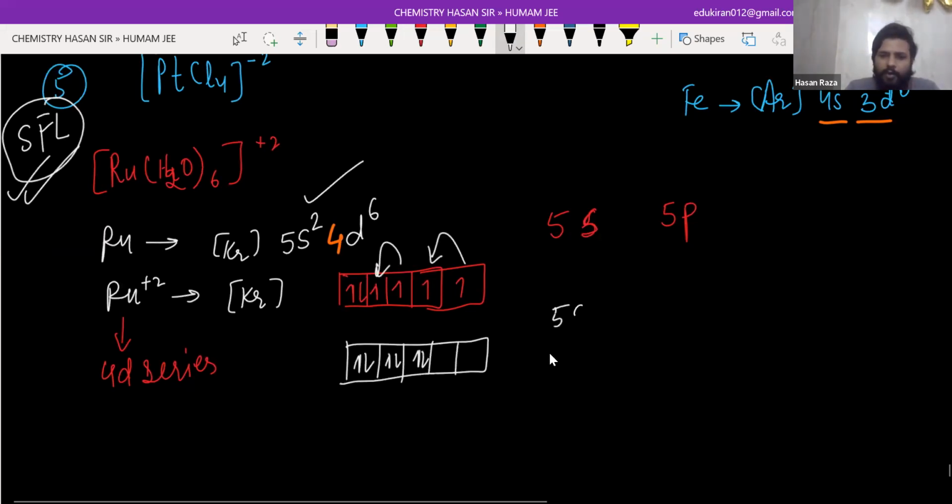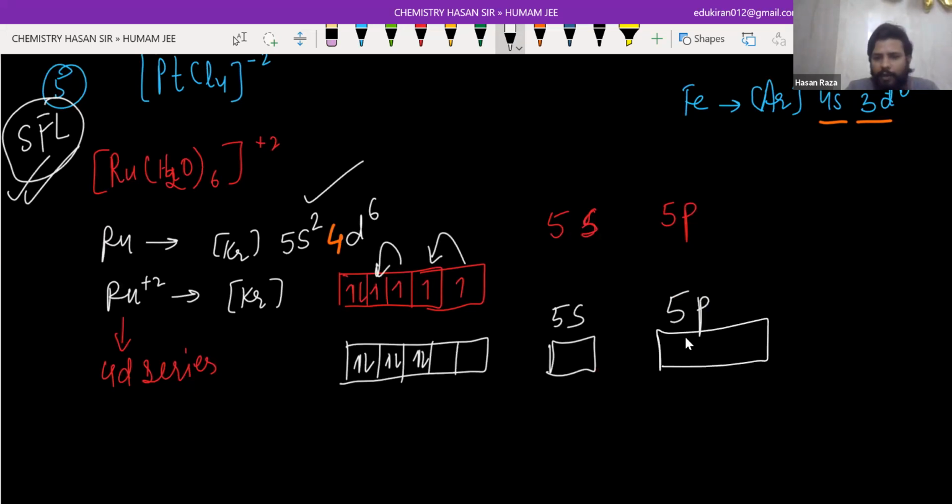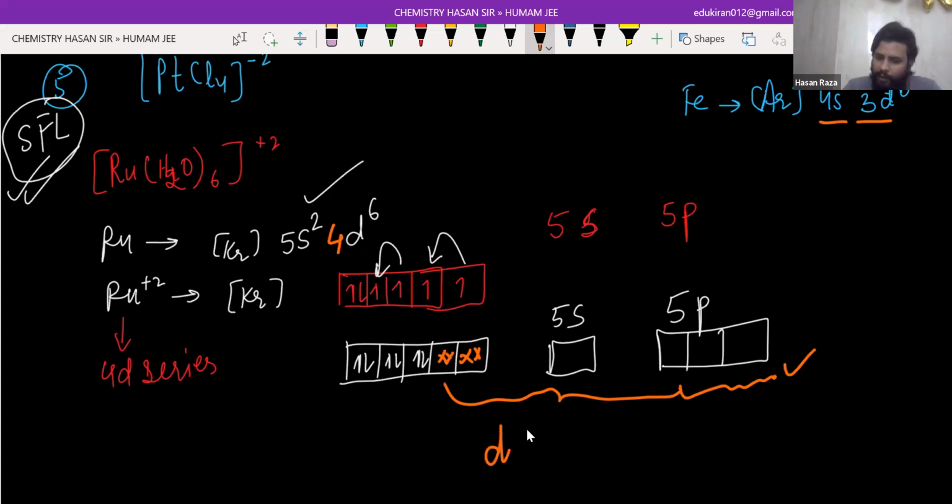Now here is your 5s, which has 1 orbital, and 5p, which has 3 orbitals. If 5s is there, 5p will also be available. Now H2O will come into play. H2O will go into these orbitals and make bonds up to this. Since we have 6 H2O, water will make bonds up to this. Now you can see what will happen. First we use d, so it will be d2 because we used two orbitals of d2sp3.